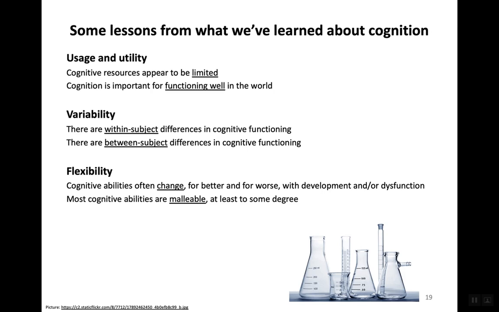So these are all big lessons that we learned about cognition over the last few decades. And cognitivism had a huge influence in learning these things and how we approach the study of the mind. To the extent to which it also led to a change of guard in psychology departments.